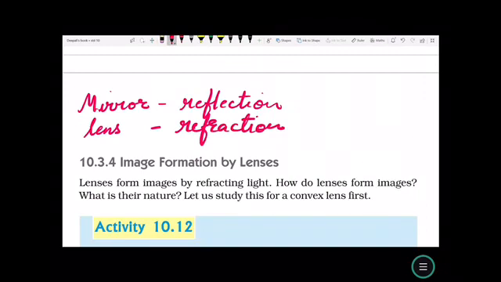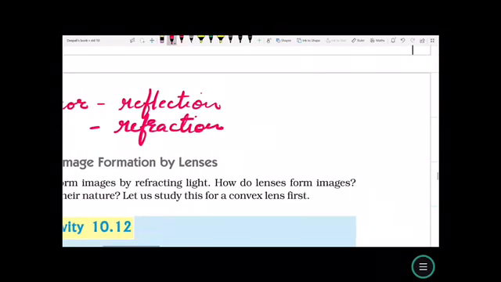How does a lens form an image? What is its nature? Let us study this for a convex lens. Now always remember the characteristics of the image, as we studied in the lens and in the mirror, are almost the same.